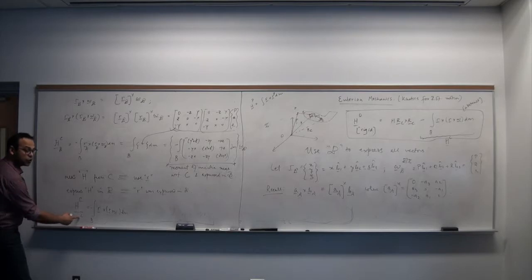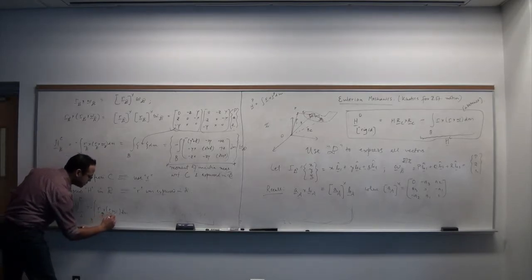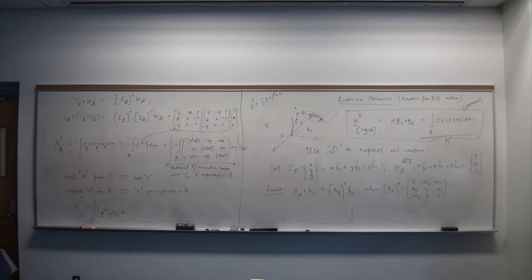But now since it needs to be expressed in I, the coordinates of each of these vectors would be expressed in I. Just as an example.